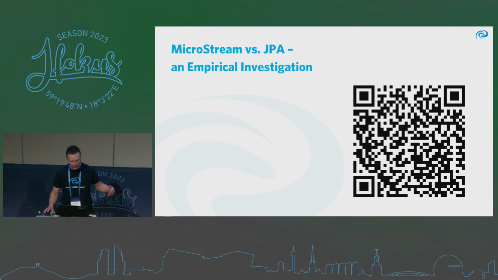You can also find a report, very interesting, on the internet. The preprint is free. You can download it for free if you like. This is very interesting. They made a performance test in comparison to JPA.